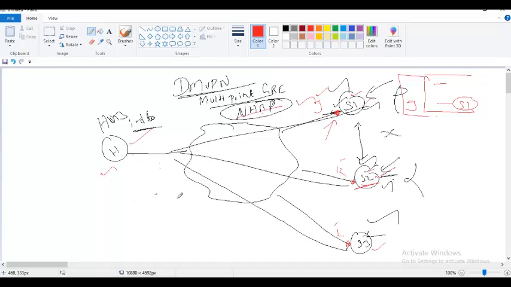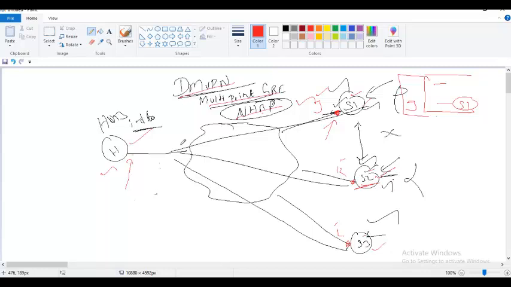Now I want to repeat the story. DMVPN is multi-point GRE. You no need to create multiple tunnels, you just got only one tunnel with which you can have multiple spokes on the other end.